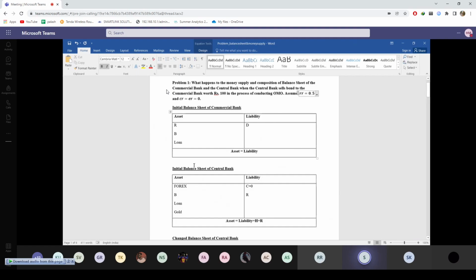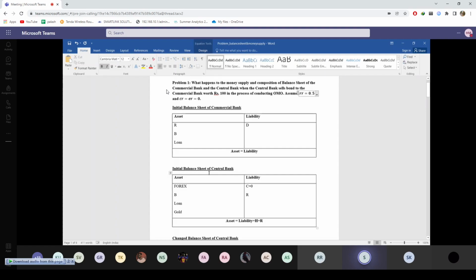So first thing is basically drawing these two balance sheets, the initial balance sheet of the commercial bank and the initial balance sheet of the central bank. In the initial balance sheet of the commercial bank, on the liability side, D represents deposits. On the asset side, R represents reserves, B represents bonds, and then loans. Asset equals liability.